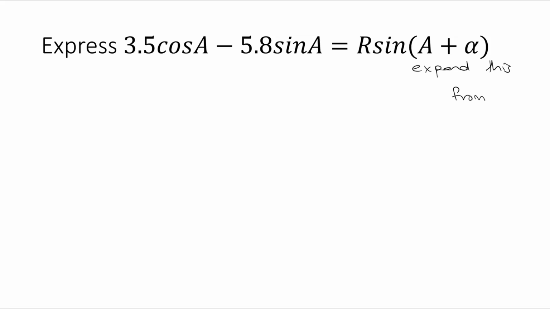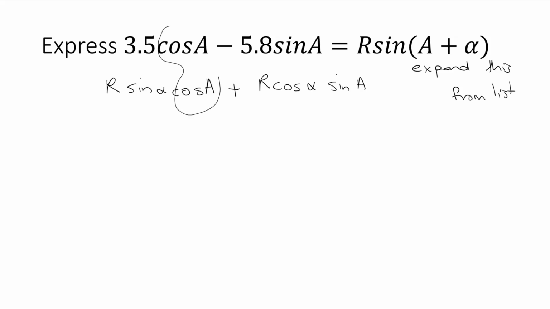from the list, any list will have this, I'm going to write it as r sine alpha cos A plus r cos alpha sine A. Now I actually meant to write it a little bit neater so that it was underneath, but you can see that I've already got that term and that term.